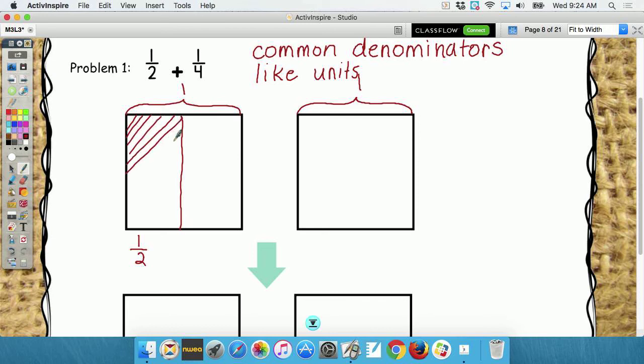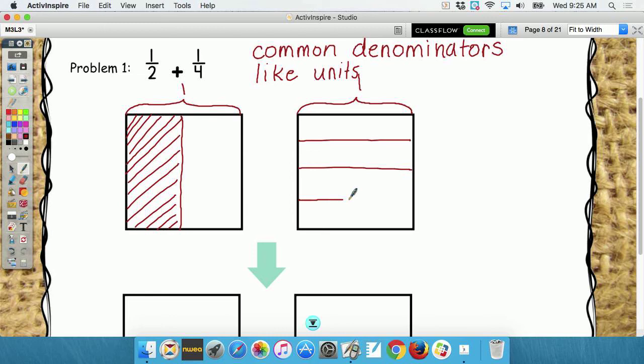So do that now. And actually, you don't have to write 1/2 on here yet. Okay, the second area model, this is very important. This is a mistake I made in the first block. You have to show 1/4, but your lines have to go horizontal or this won't work.